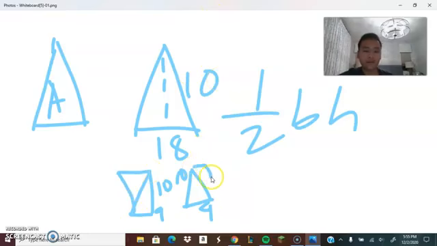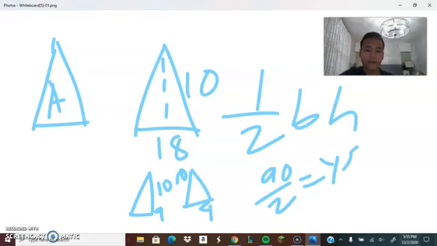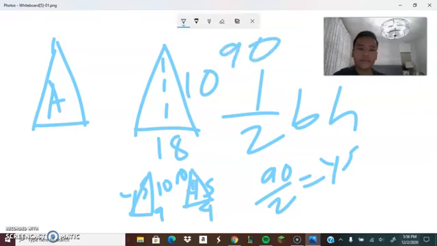So this works. So now we can just use our formula, which would be 9 times 10 is 90, divided by 2 is 45. So the area of each of these is 45, but add them together, it's 90.